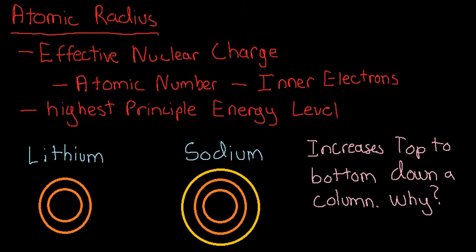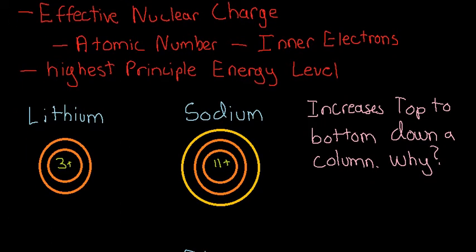We know lithium has 3 protons because its atomic number is 3, 3 plus, and we know sodium has 11, 11 plus. Well, when we're filling the energy levels of these atoms, it's important to look at the electron configuration. Lithium has an electron configuration of 1s2, 2s1.